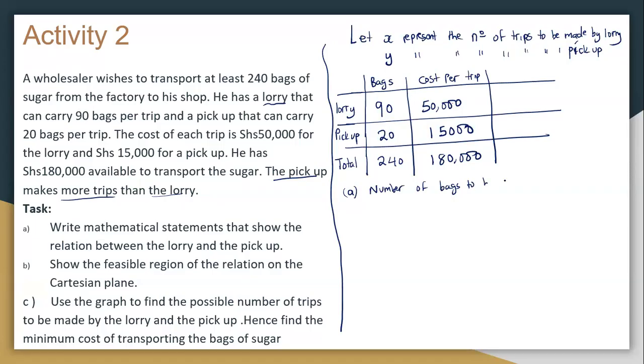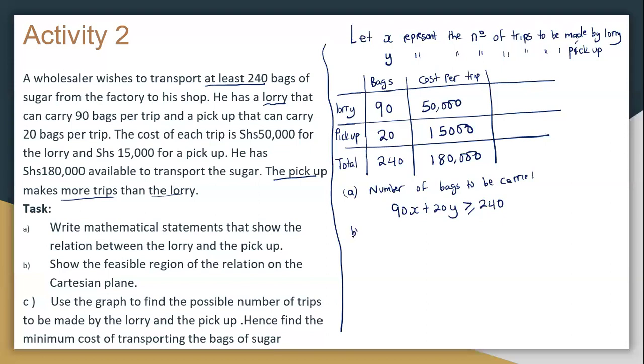You write that inequality. They have told us at least 240 bags, meaning that the number of trips the lorry and the pickup are going to make must be able to take the 240 bags. So I'll say 90x plus 20y should be greater than or equal to 240.